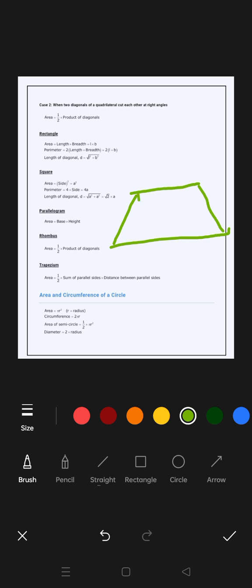Suppose this is the height, this is your side a, and this is b.